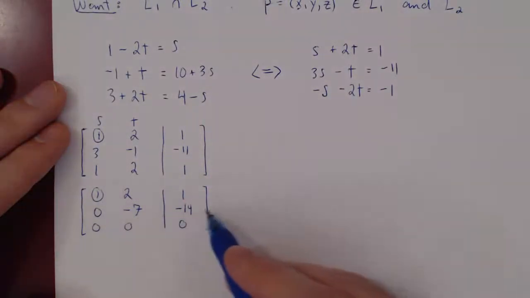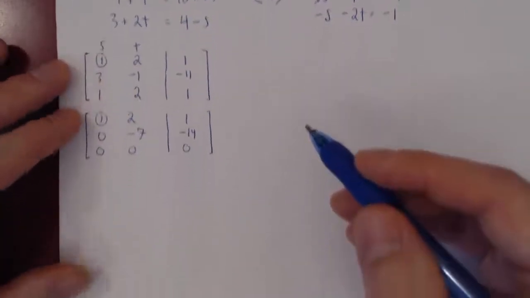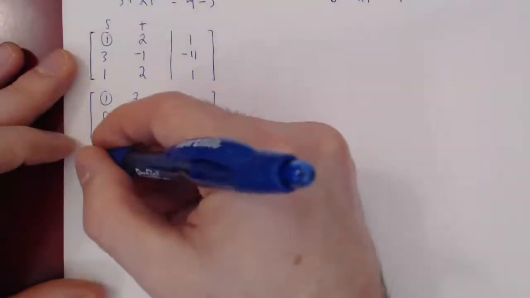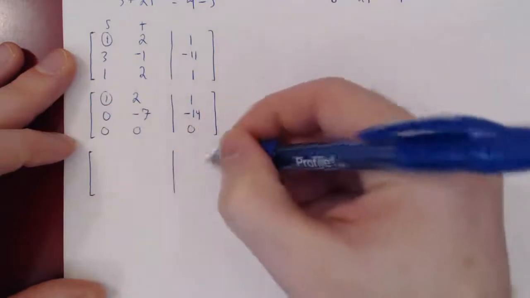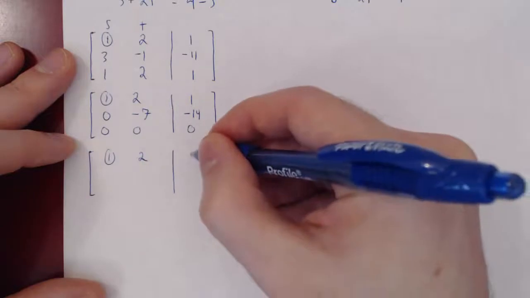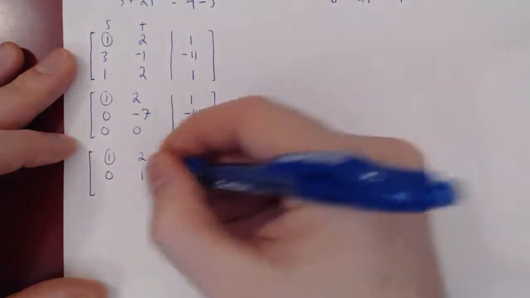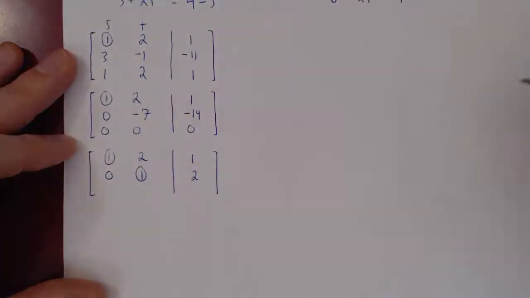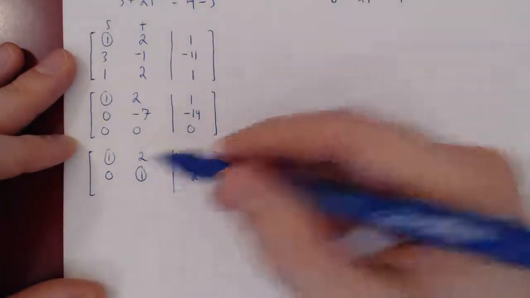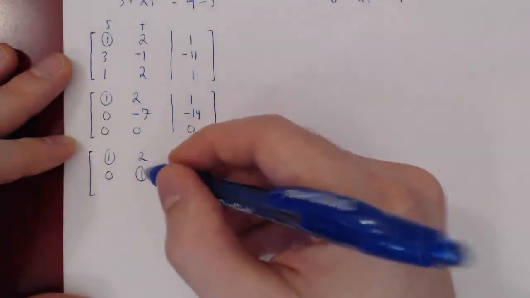Multiply row 2 by negative 1 over 7 to get a 1 and a 2 here. We will drop the third row. It's not giving us anything. It's saying that 0 equals 0, so we don't need it. And we'll have 0, 1, 2. We have our second leading 1. We can now kill the 2, doing row 1 minus 2 row 2.